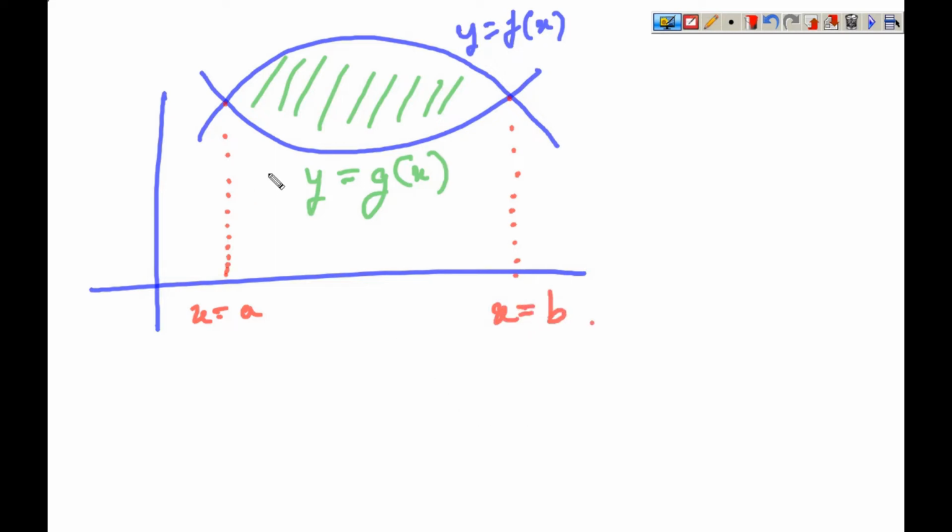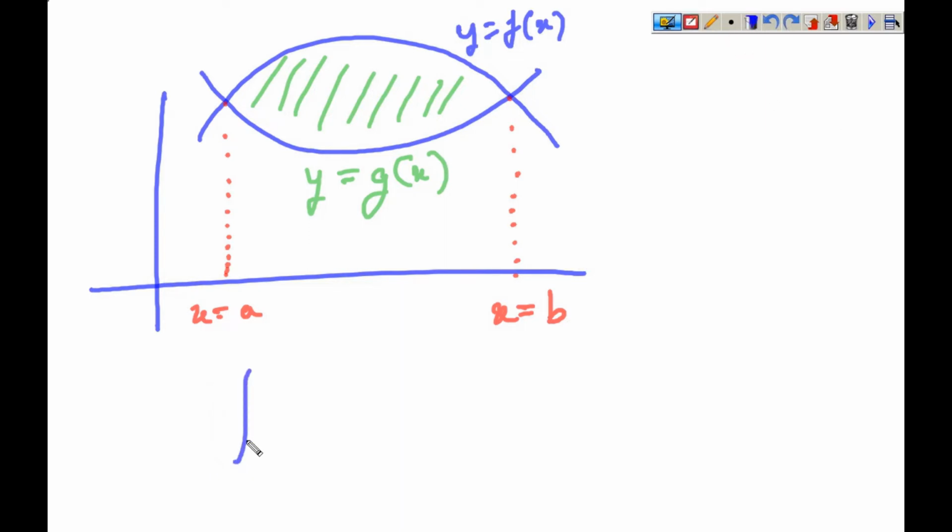So what we can do is, first we can find the area under this curve. So everything will come under this curve, so we'll get the area, and then we can find the area under this curve, y equals g of x, and then we can simply subtract these two and get the remaining area. So mathematically it can be written as integral. So let me change the color here.